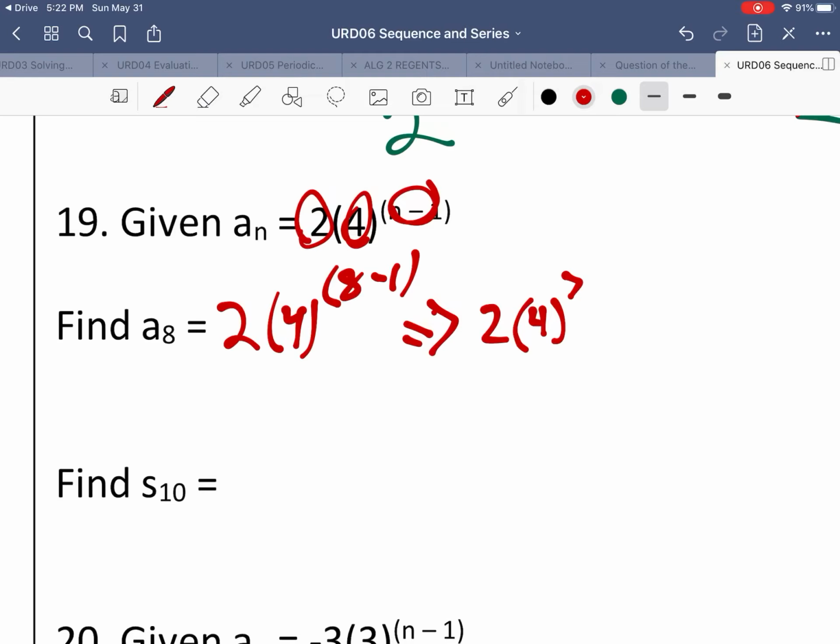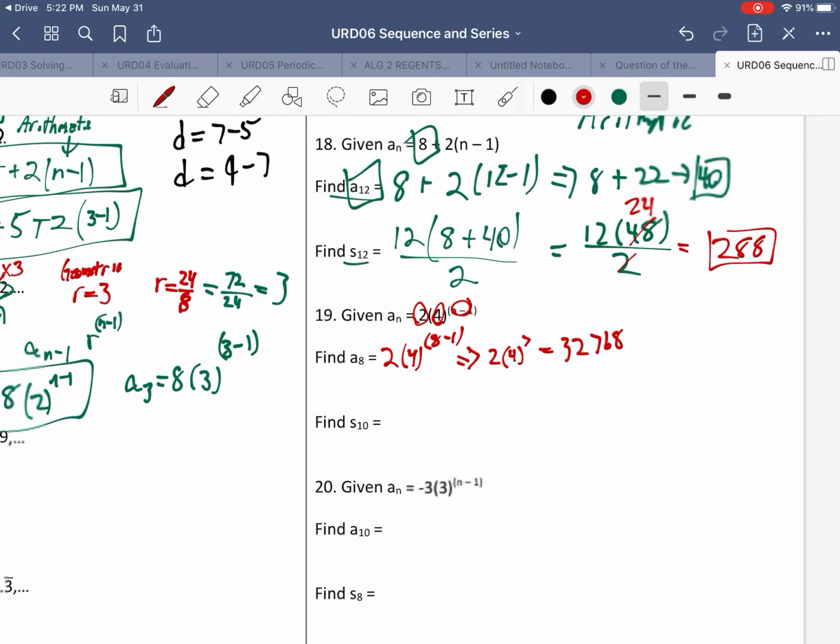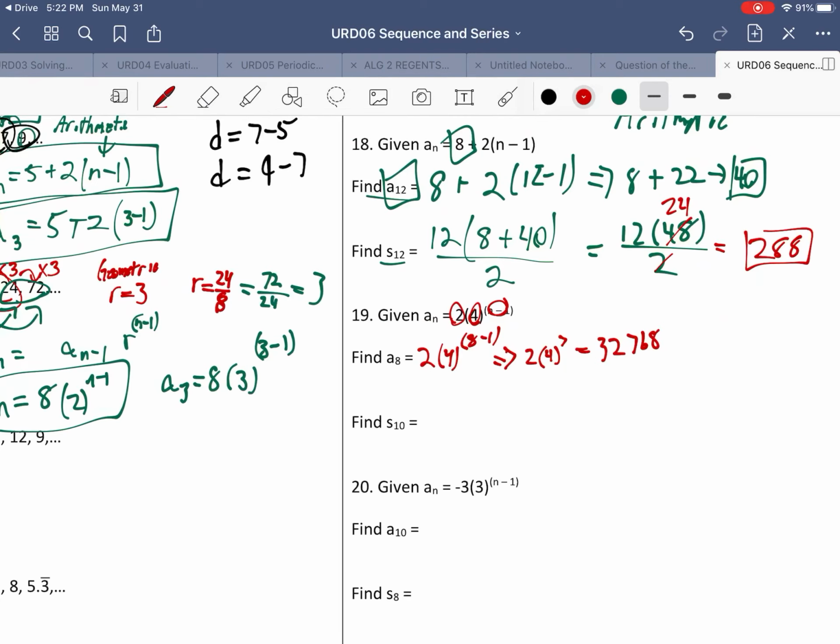I'll have to use my calculator on hand to calculate that. 4 to the 7th times 2 is 32,768.